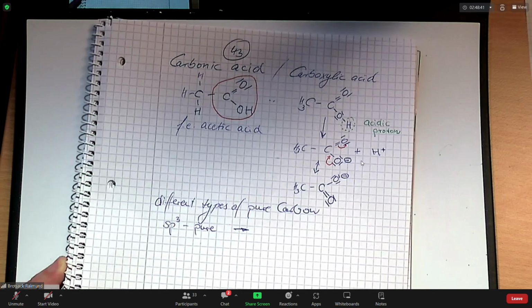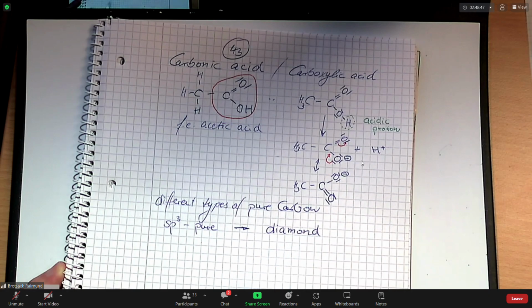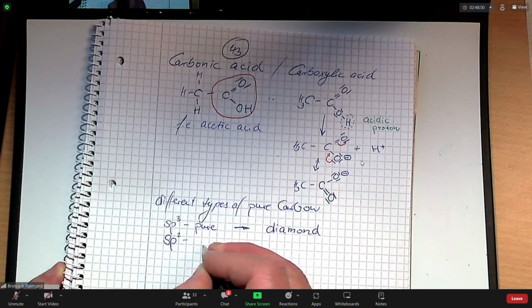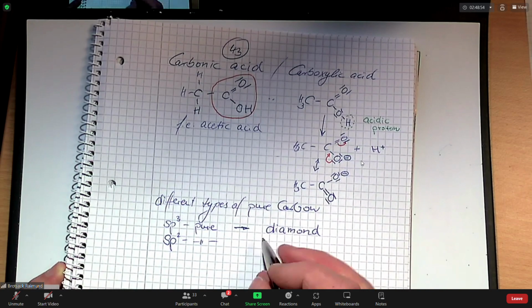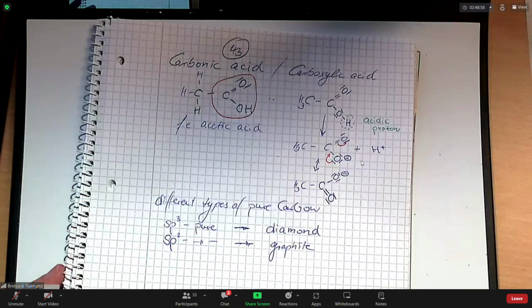Diamond. That is a diamond. And if we have pure sp2 types, what is the name of this? Graphite. So the same element, totally different behavior. Diamond and graphite, totally different. Of course, you can create diamond out of graphite, but that needs a lot of energy, pressure, and then you can create a synthetic diamond.